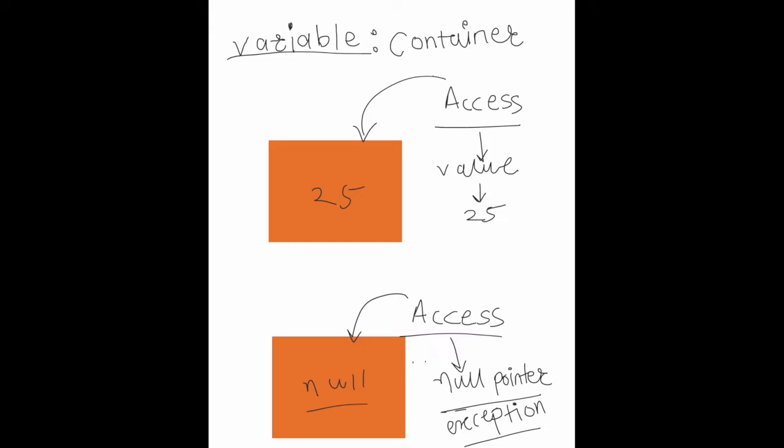Then if anyone tries to access that variable without checking for null, during the flow of the program, it may happen sometimes that the variable isn't assigned any value, so it is null. If we have a statement where we access that variable, then it will give us a NullPointerException.